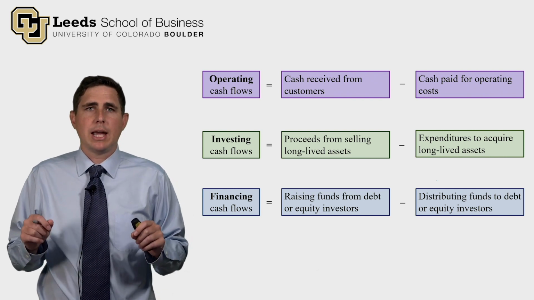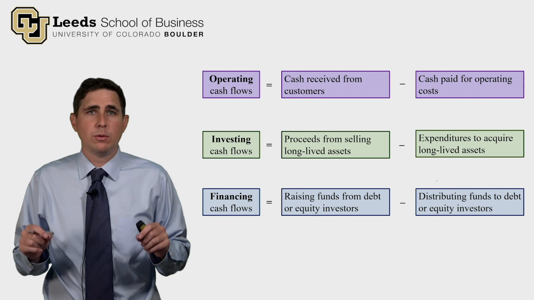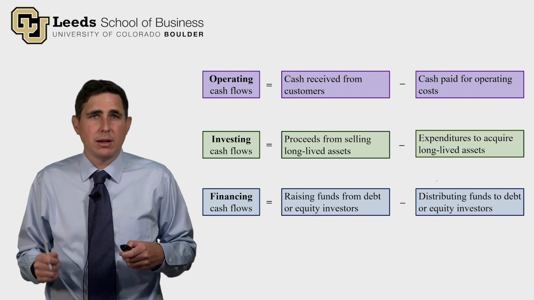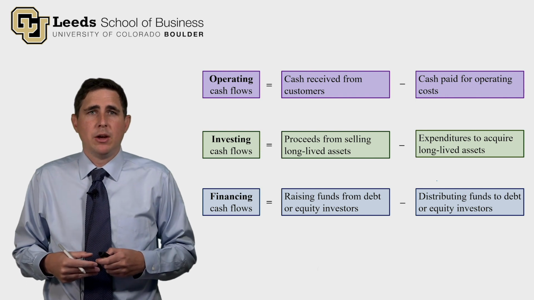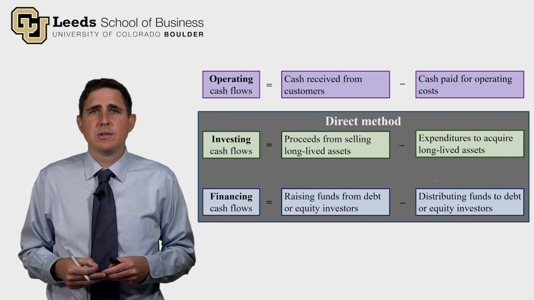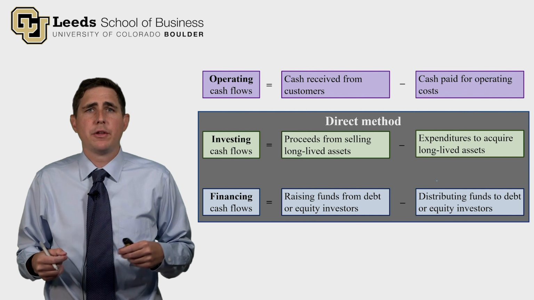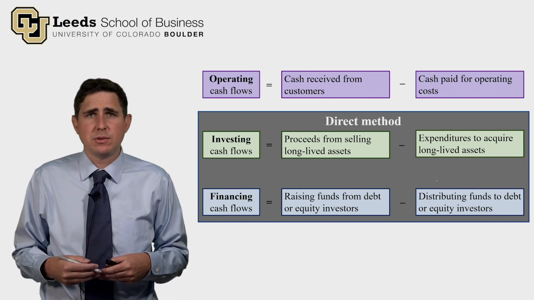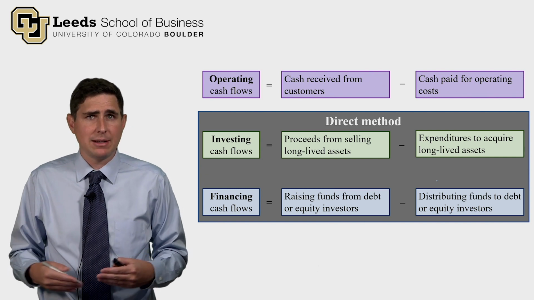Now, if you look at a cash flow statement, it's going to be broken into these 3 categories. But there are different methods for computing these measures. For investing and financing cash flows, they are calculated using something called the direct method, which is you're going to see activities on the cash flow statement that relate exactly to these boxes.